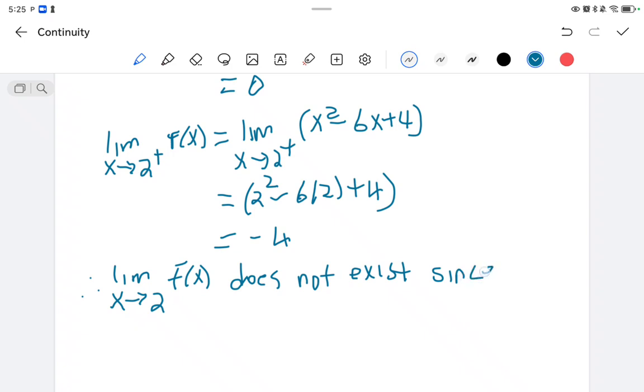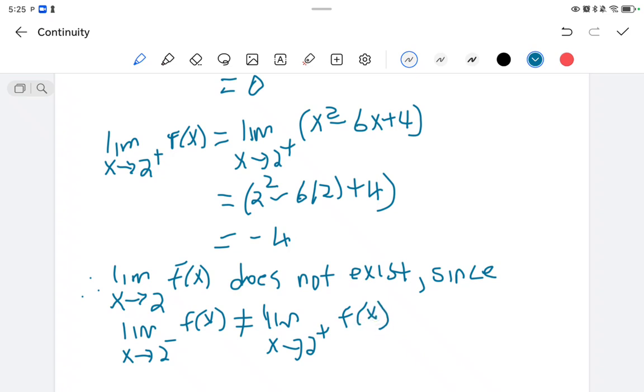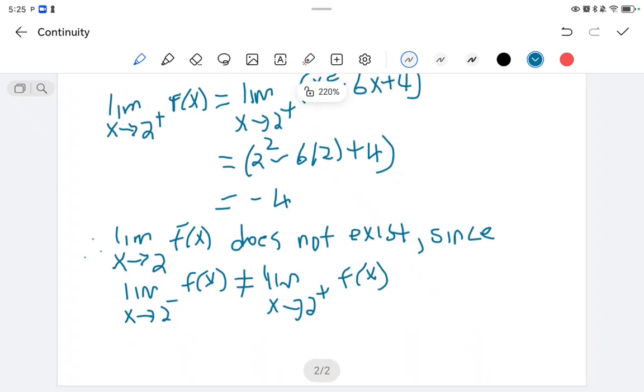Since the limit as x approaches 2 from the left of f of x is not equal to the limit as x approaches 2 from the right of f of x. Now we come to the third point.